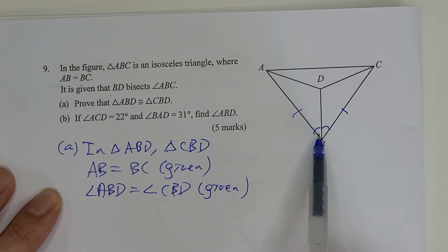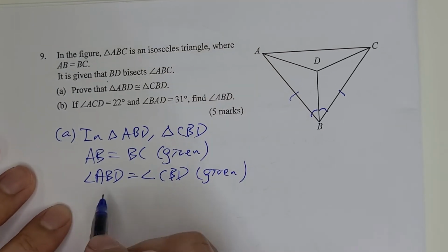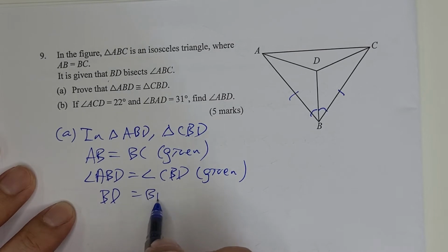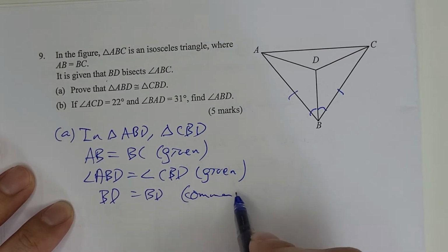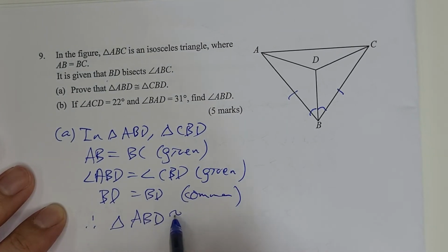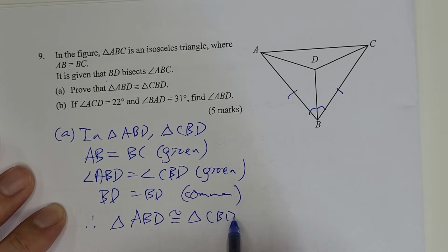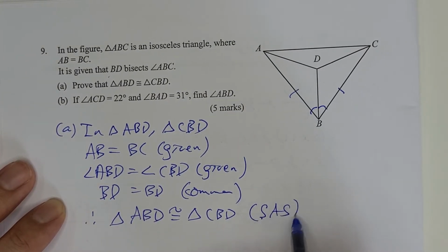So these two angles would be separated into two equal parts. Third one, BD equals BD, common line. Therefore, conclusion, these two triangles are congruent. Reason, S, A, S.